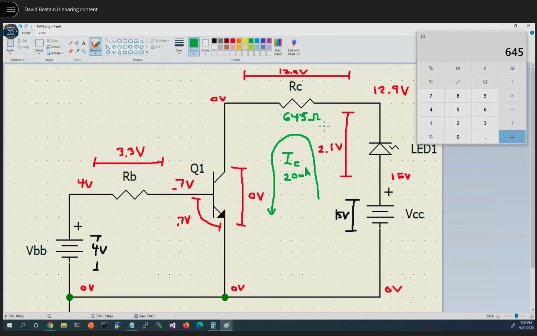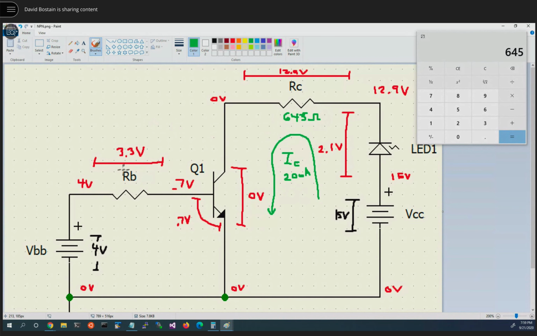Okay, 645 ohms. We'll just leave it at that for the moment. Now, assuming that's the value we had, and we actually could produce the resistor, we know there's going to be a tolerance. It's going to be higher or lower. It's probably not going to be exactly that value. So we'll come back and work on that in a minute.